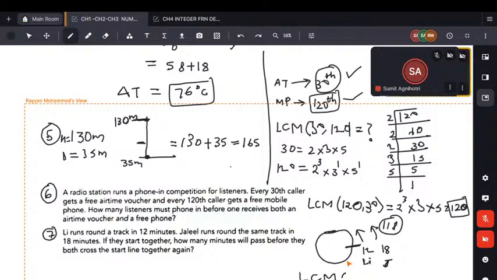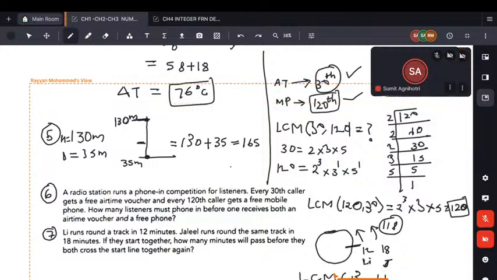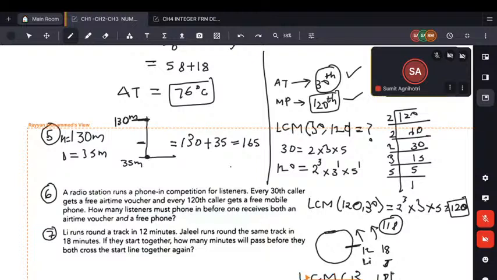What is the LCM of 12 and 18? LCM of 12 and 18 is 36. It's exactly correct. That means they will meet again in 36 minutes.